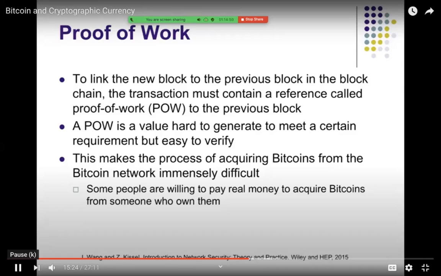Hence, some people are willing to pay real money to acquire Bitcoins from someone who owns them. So now Bitcoins have real value, and they can change hands, and since there is no central organization governing it, and there are no exchange rates from one currency to the others, this is very convenient from that point of view.